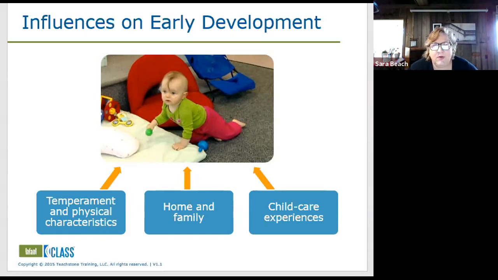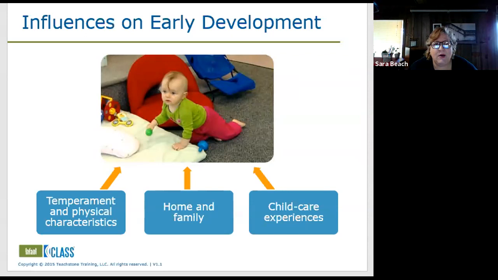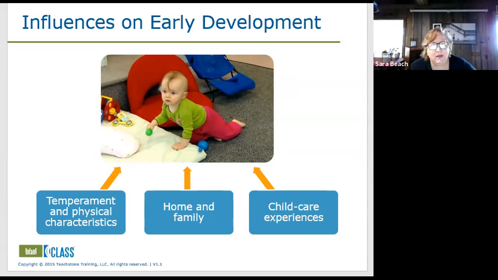In fact, they're with us more hours of the day in most cases for infants and toddlers than they are at home with their waking hours. So those experiences that they have, I think all 3 of these things are about equally important, but none of them can be taken lightly.